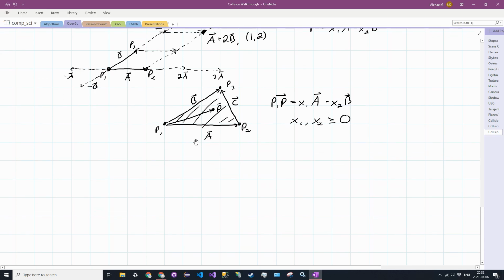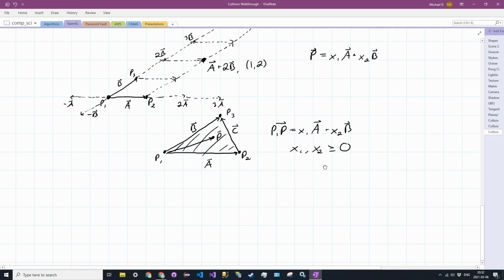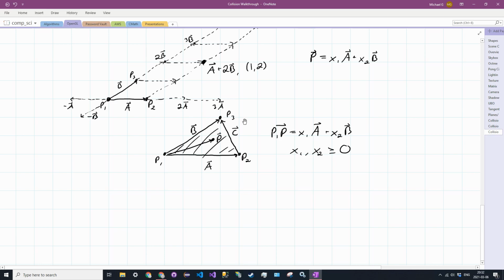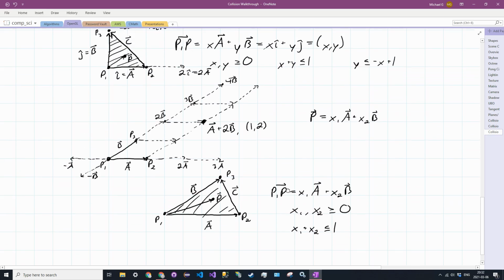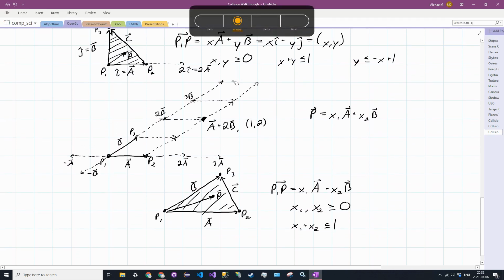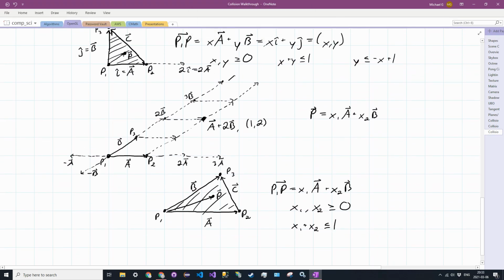And then, if we were to draw the line x1, x2, and determine what inequality this would represent, we would get that x1 plus x2 is less than or equal to 1. If we wanted to solve for x2, think of this here as our x2 axis, and this as our x1 axis.